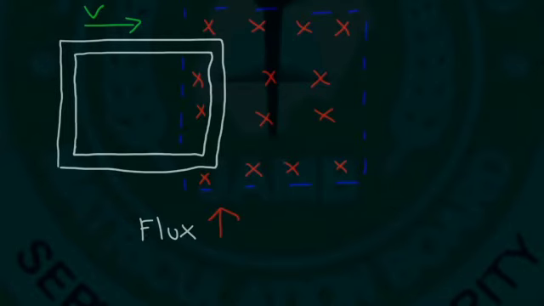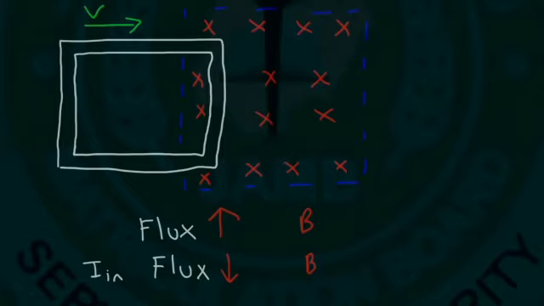And the induced current is going to be in a direction where it's going to try to decrease the flux. Because the magnetic flux is increasing, according to Lenz's law, the induced current will try to decrease the flux. And the only way to do that is to direct itself opposite to the magnetic field.